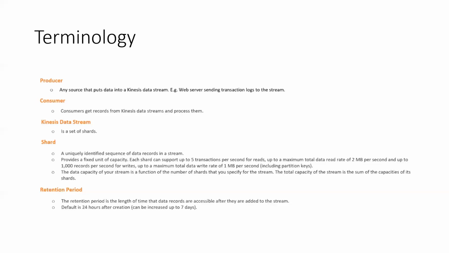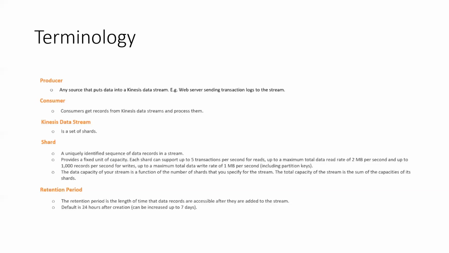Let's say. As I said, it's a throughput unit for your data stream. Let's say you are getting 100 MB of data. It has a fixed unit of capacity, so you have to analyze based on the data size. You are segregating the data, but based on how much data you are getting, you will create the shards.